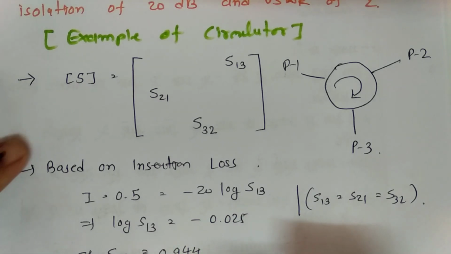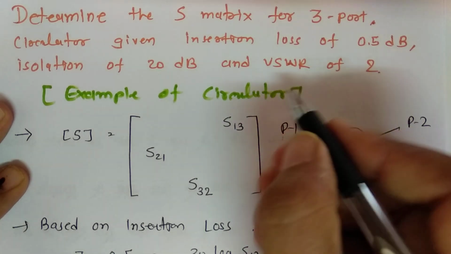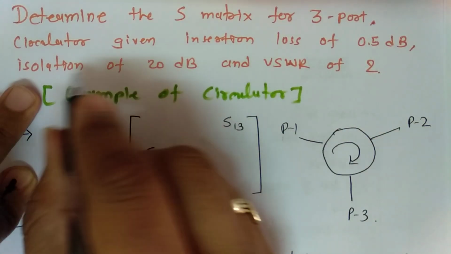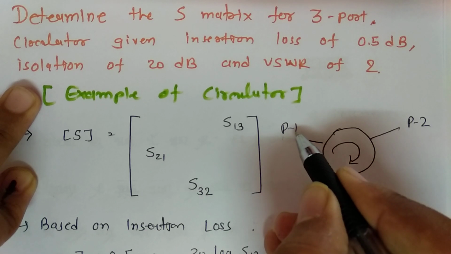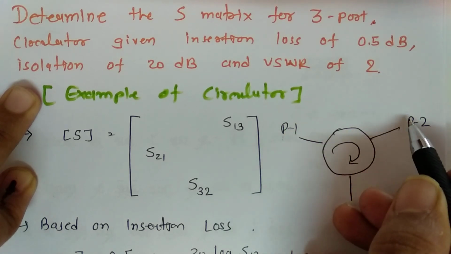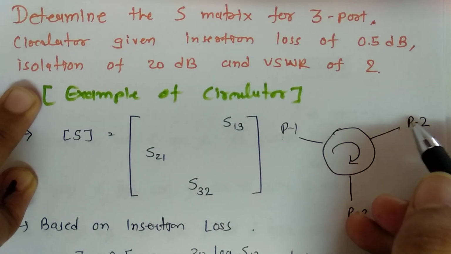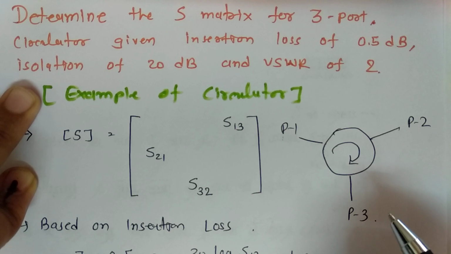Now one more data that is given is isolation. So 20 dB isolation is there. Now what is isolation? If I give input at port 2, output at port 3 should be isolated. If I give input at port 2, output at port 1 should be isolated.